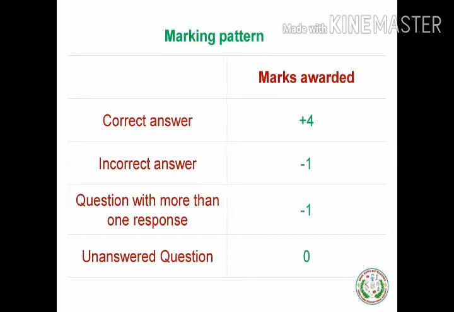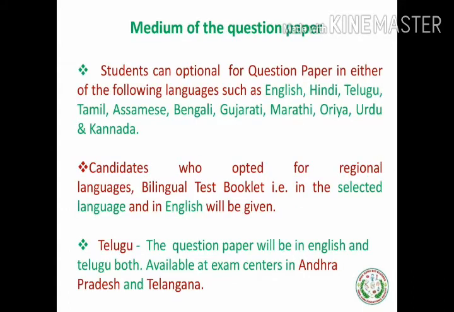So students, keep this important thing in mind. Suppose if you write more than one answer, it will also be considered as incorrect and reduced by -1 mark. No marks will be awarded for unanswered questions.